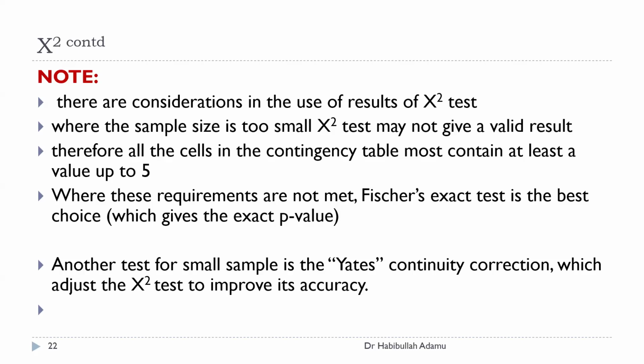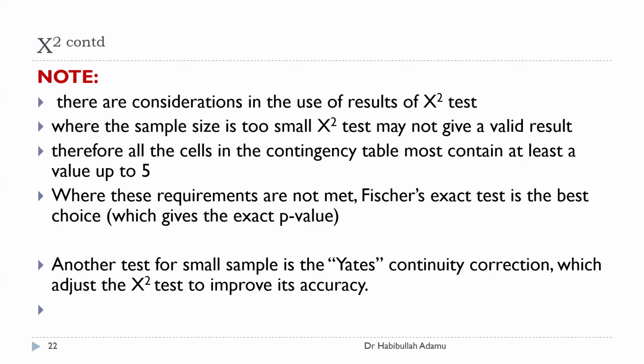But if you see that there are some cells with expected count less than 5 and they are a bit many, then instead of using the p-value for Pearson chi-square, you use the p-value for Fisher's exact test. You run the analysis in the same way, and everything is displayed in the same table.